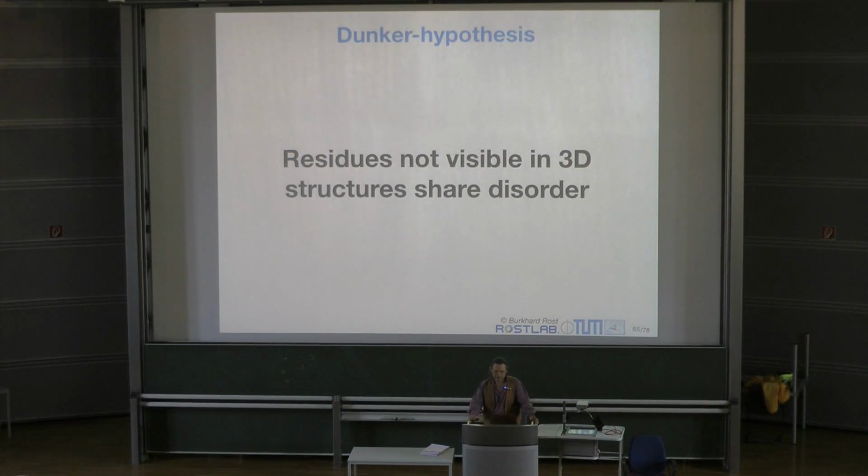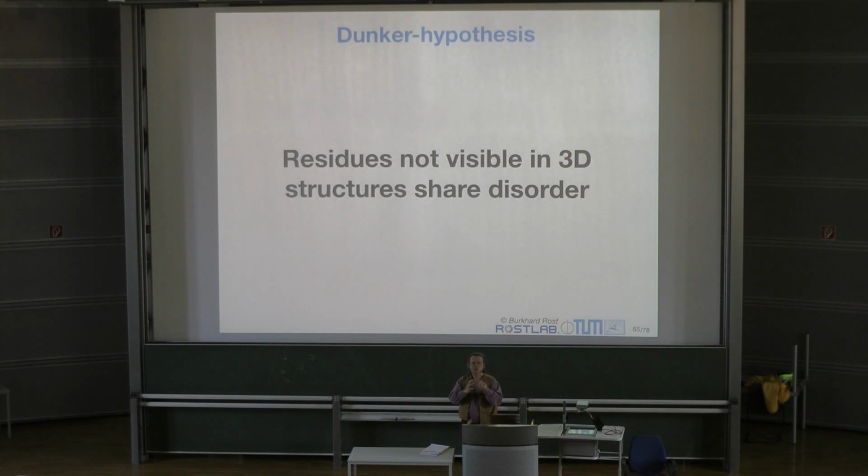Here's an idea from Keith Dunker: let's just look at three-dimensional structures of proteins, X-ray structures. There are always some residues that we actually cannot see. Cannot see means, as I said, you take the sequence, throw it in solvent, it adopts a unique three-dimensional structure, you shine light, you always see the same thing.